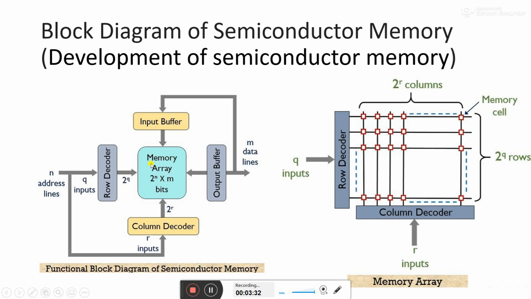So now here you can see that we have some memory array, and that it is 2 raised to power n cross m, right? So m are the data lines. So we generally say 2 kilobyte memory, 4 kilobyte memory. Sometimes we write it like 4 kilobyte cross 8.